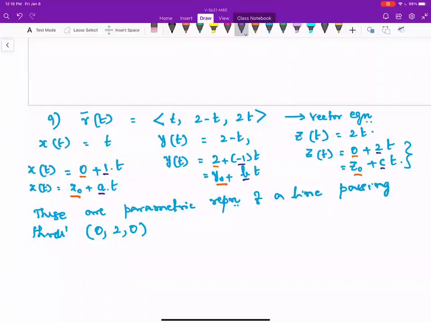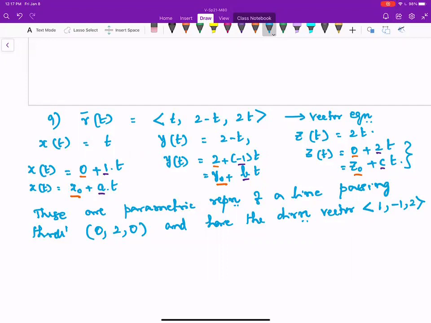So 0, 2, 0 is the point, and the direction vector, being a vector, you write in the component form 1, negative 1, 2.